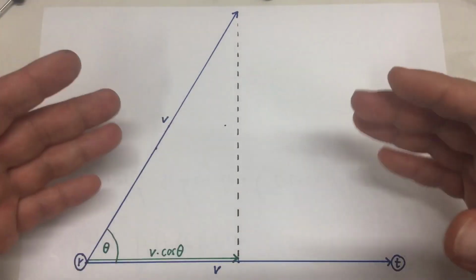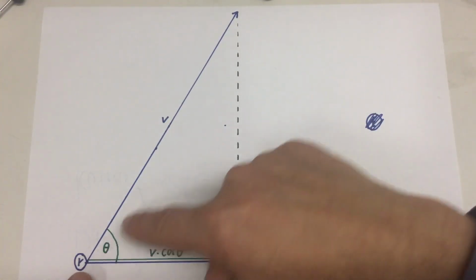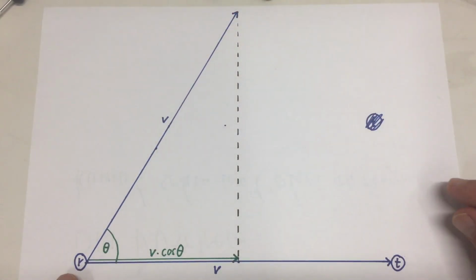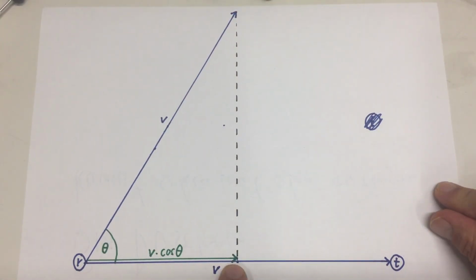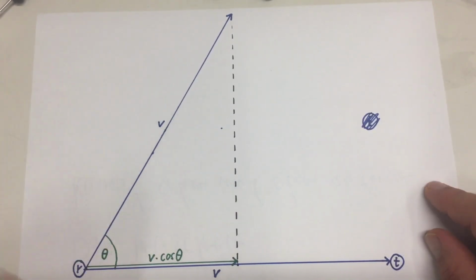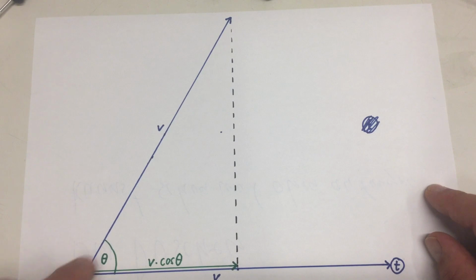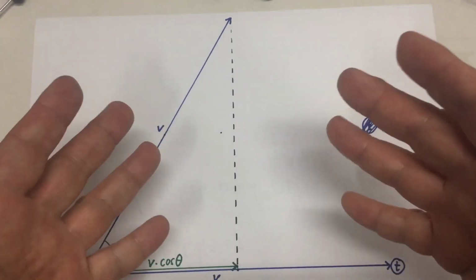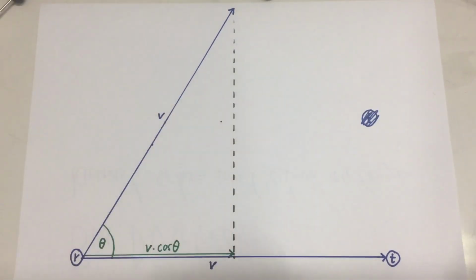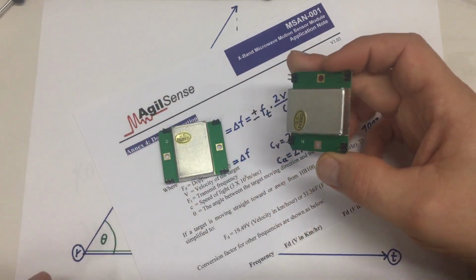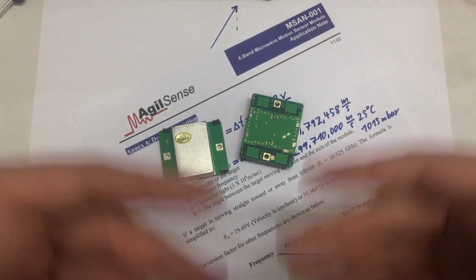And with simple trigonometry, the speed component of the total speed of the object that really goes towards or away from the Doppler radar is simply calculated by that velocity times cosine of that angle phi. That's all.